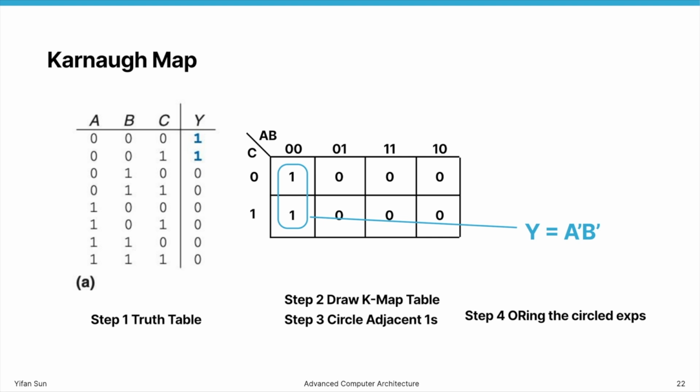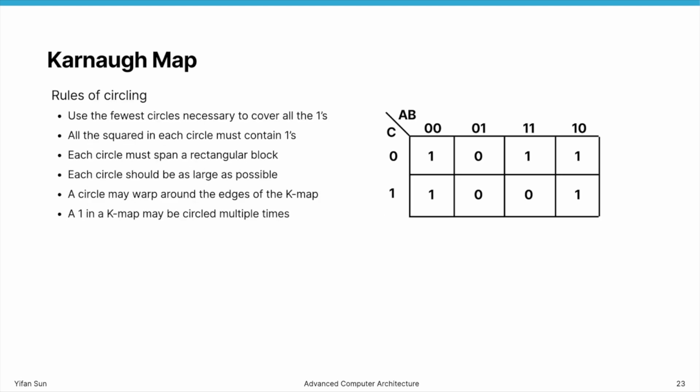Now, a circle may wrap around the edge of a K-map because these and these are connected. So we just consider it a donut, right? So we connect them together. Because only 1 bit is changed, there is a chance to reduce 1 parameter. A 1 in the K-map may be circled multiple times. It's okay.